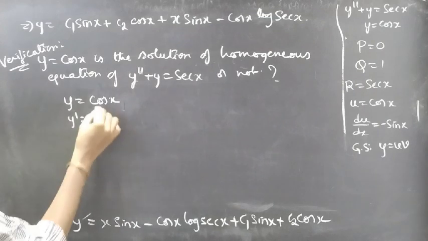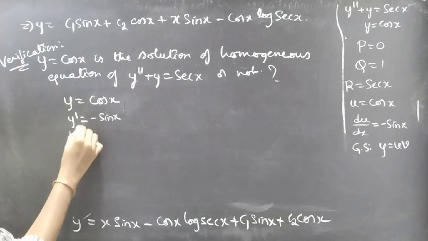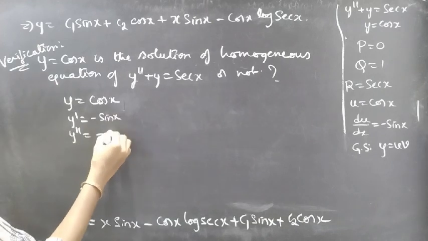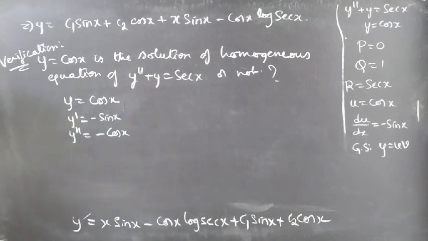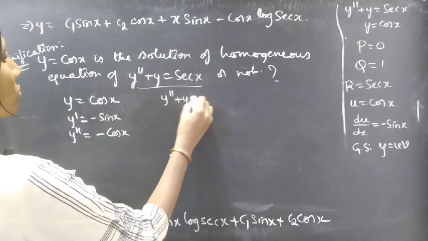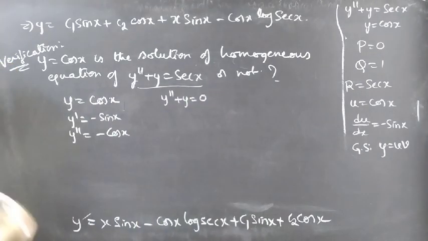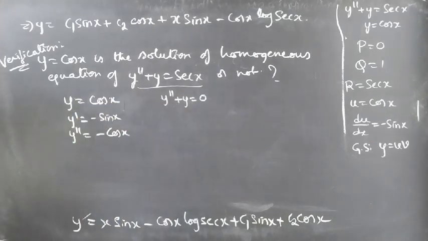Then y dash equals the derivative of cos x, which is minus sin x. Then y double dash is the derivative of minus sin x, which is minus cos x, right? And the homogeneous equation is y double dash plus y equals 0, right? Now we are going to see whether y equal to cos x is a solution of this equation or not.